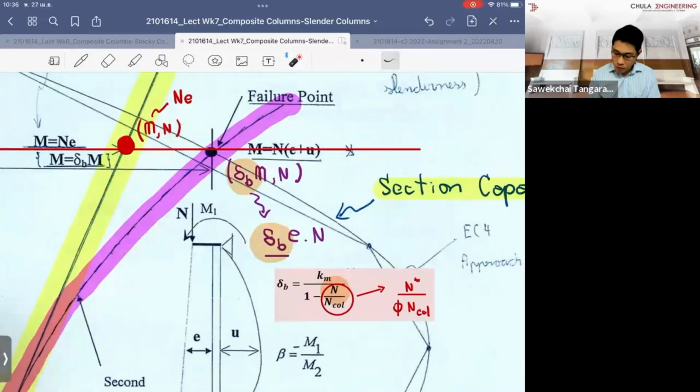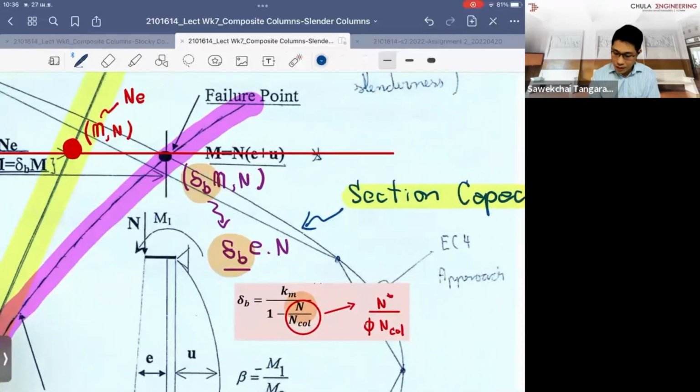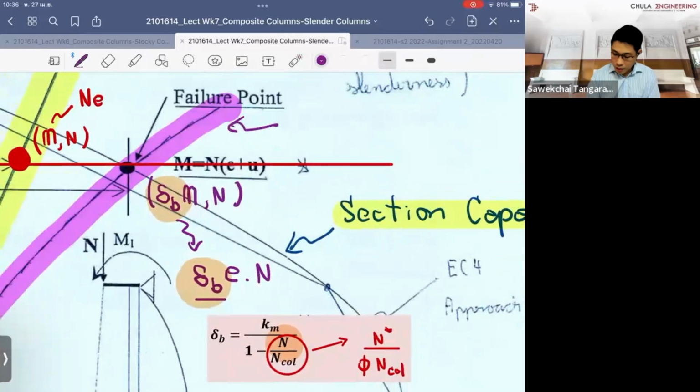For example, if I want to see the function of these equations, I'm saying that the function of M will be written in terms of N, right?